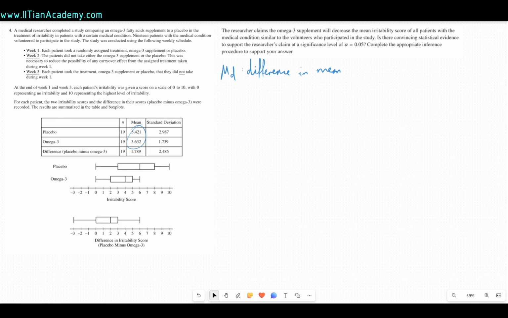That is what we're given over here, the difference of these two. We need to state our null hypothesis. Our null hypothesis is that the mean is 0, so there is no difference. And our alternative hypothesis is that there is a difference.